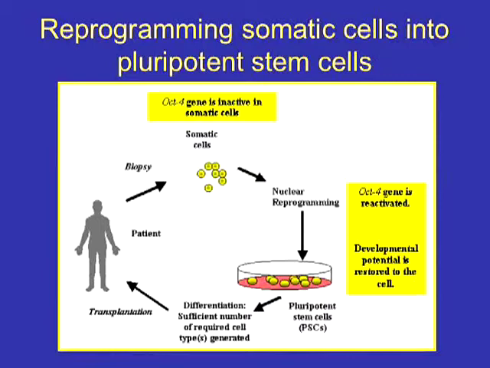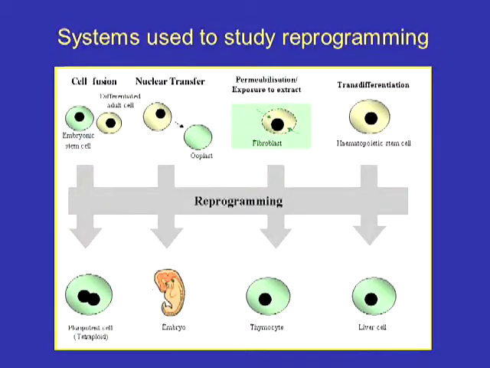So this process of nuclear reprogramming has been studied in several different ways. I think the most rigorous way of showing restoration of developmental potential is to take an adult somatic nucleus and put it into an enucleated egg or ooplast.